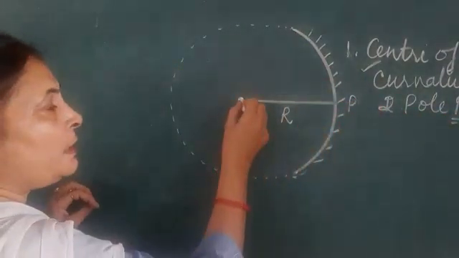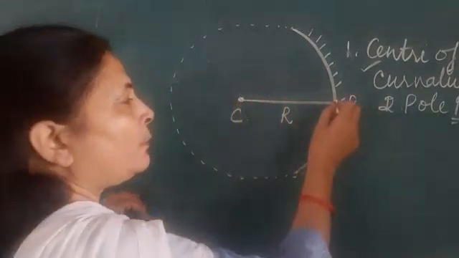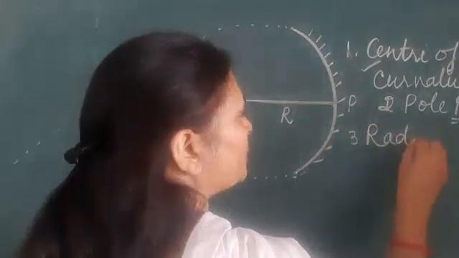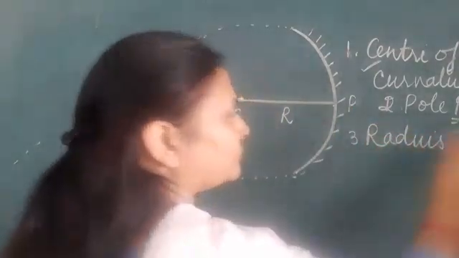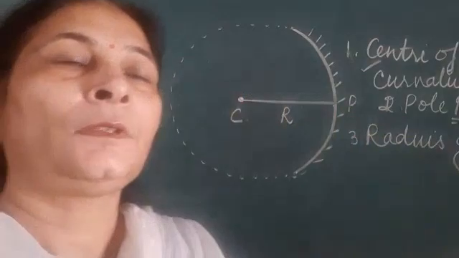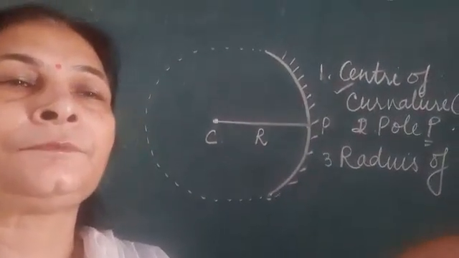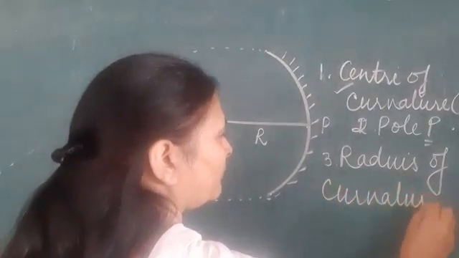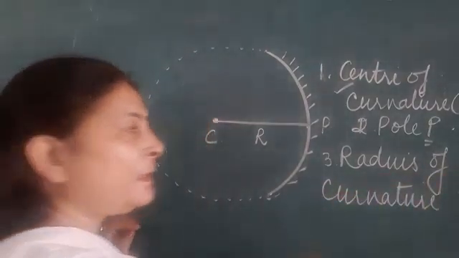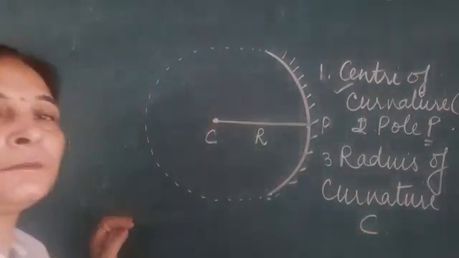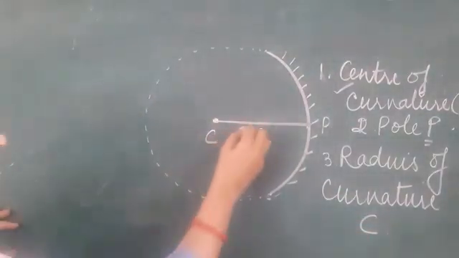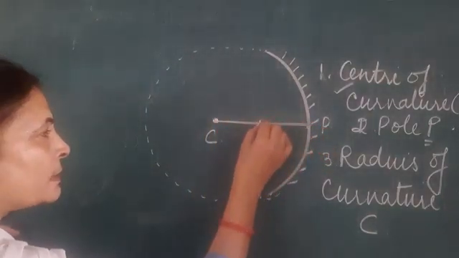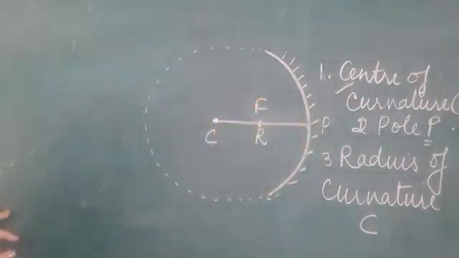The distance between the center of the sphere and the pole of the mirror is known as radius of curvature, denoted by R. The midpoint exactly between center of curvature and pole is named as focus.